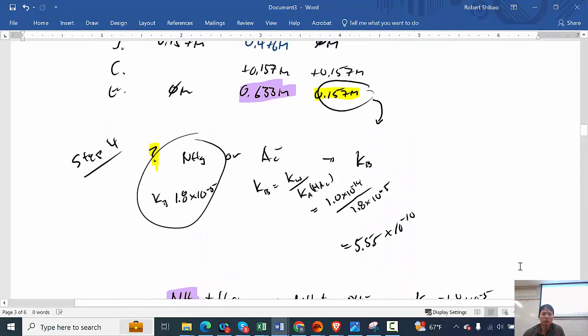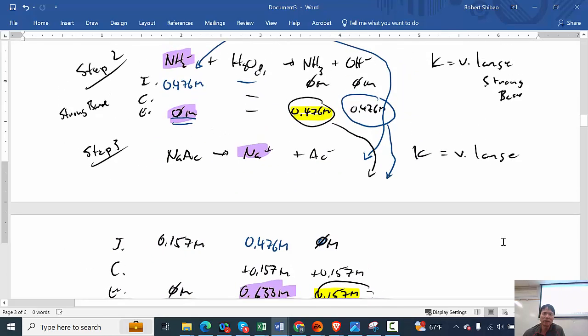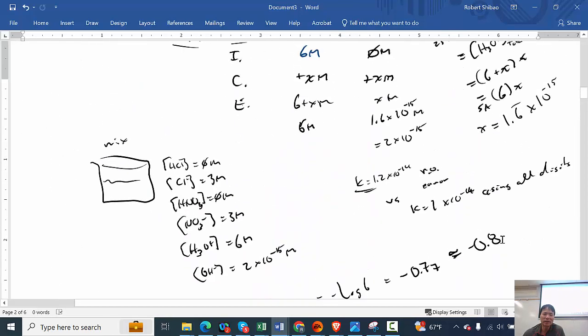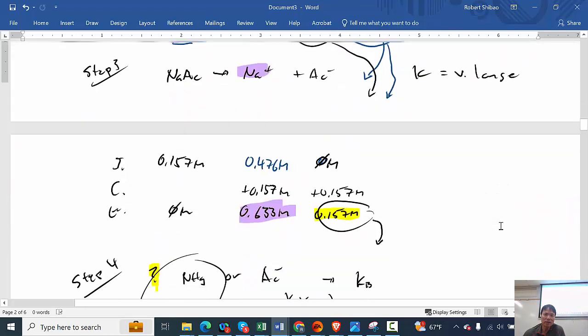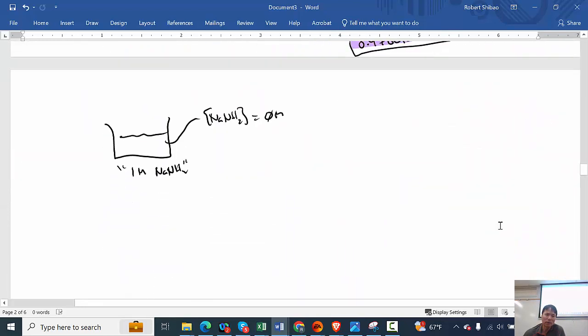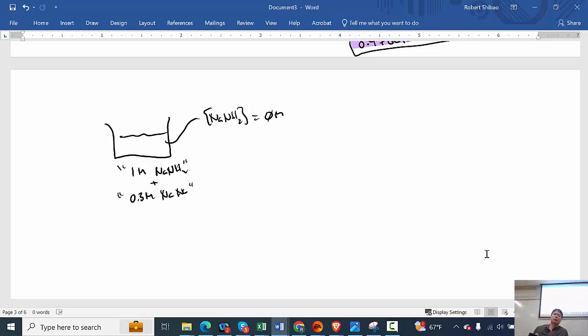I need to change. Actually, it's not 1 molar, sorry. Did I have solution dilution? Yeah. This is 1 molar sodium amide and 0.3 molar sodium acetate. So the sodium amide and the sodium acetate concentrations are 0.